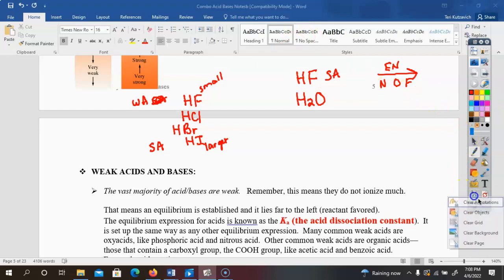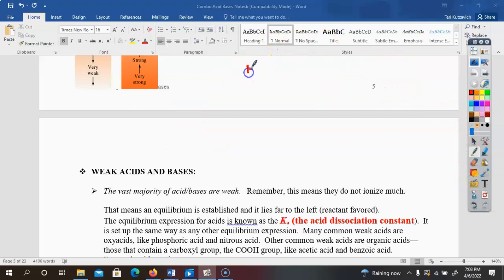All right, let's do some more. Let's compare HIO, HBrO, and HClO. Ooh. What are we going to use here? I'm not going to tell you. You figure it out.